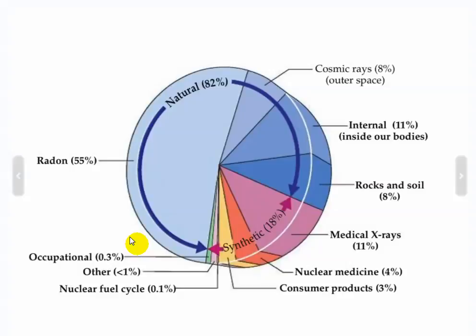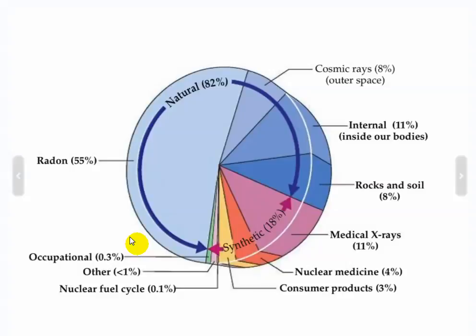So then you've got a small percentage, 18%, things that we do to ourselves or that we expose ourselves to increase that. So things like medical x-rays are the biggest ones. If you get a CAT scan or a CT scan, something like that, that exposes you to a lot of radiation. Relatively a lot.